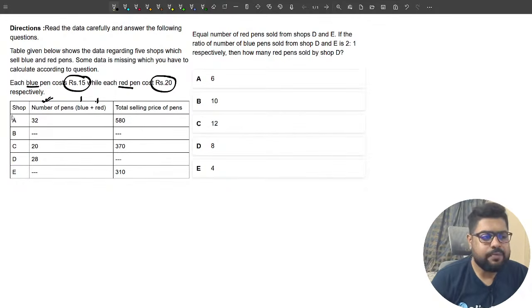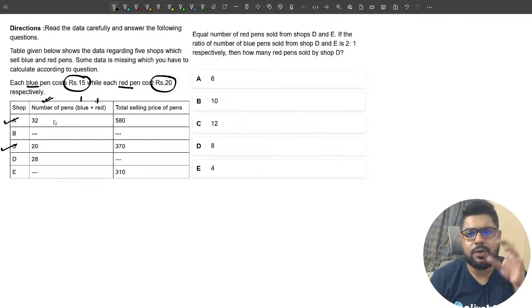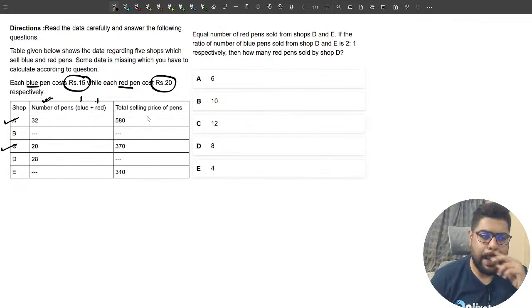For A and C, for these 2 shops, I can figure out everything from here only, because all the information is given. Whichever shop has both places filled, you can figure out everything, because it is 2 unknowns, 2 equations.